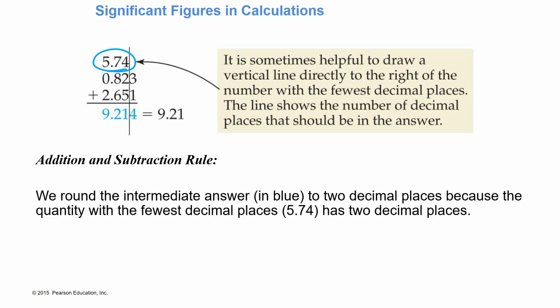All right, that's all that rule tells us: we look at the least precise measurement in our list for addition and subtraction, and our answer has to be reported to that many decimal places. So if we're subtracting 2 items, one of them has 3 decimal places, one of them has 4 decimal places, no matter what our whole number is, our decimal can only go to the smaller amount of decimal places, so like 3 in that case.